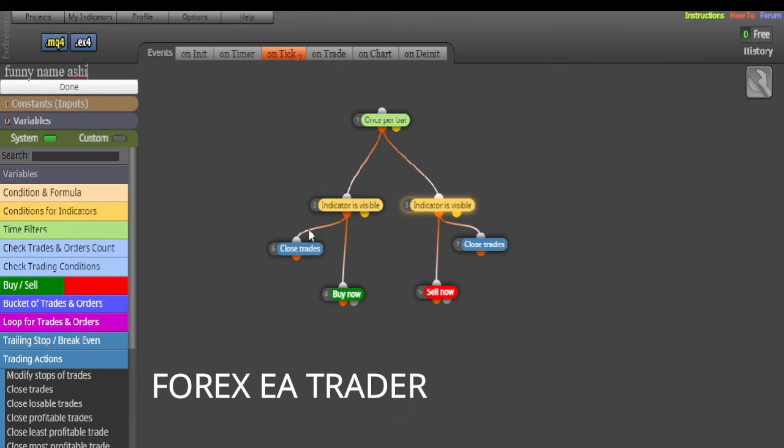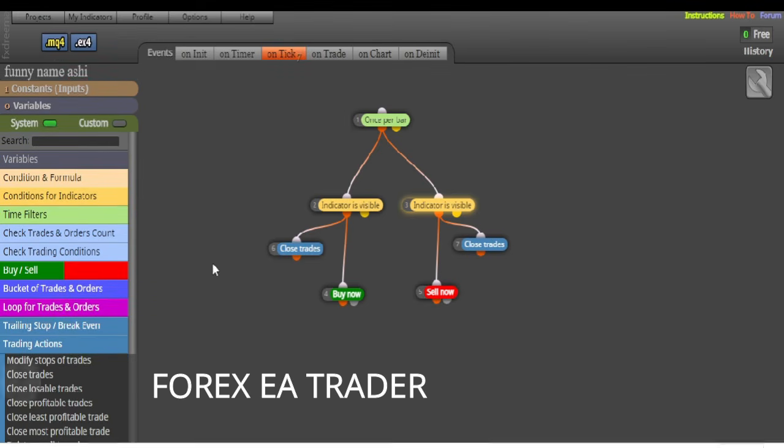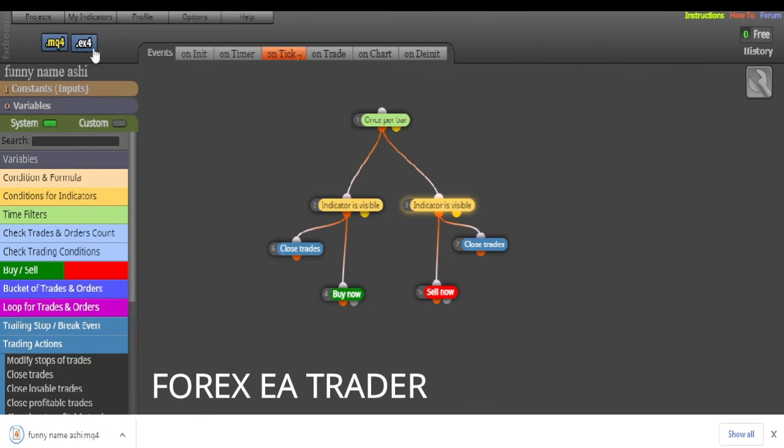That's how we're going to name our robot. And after that, we are done. You come here, you click there to download the source code, or you click there to download the executable file that you can share with your friends, if you don't want them to see your code.